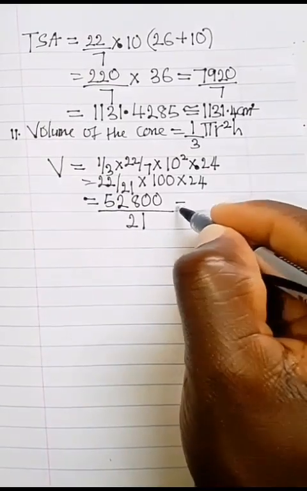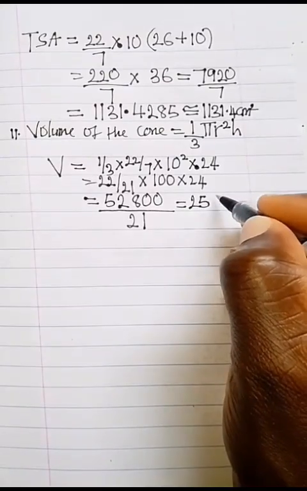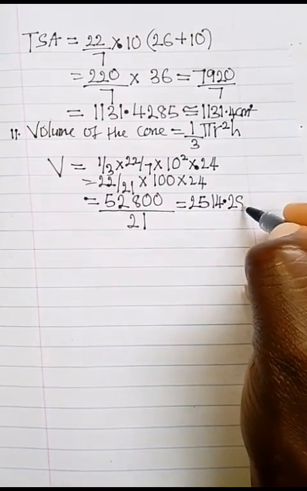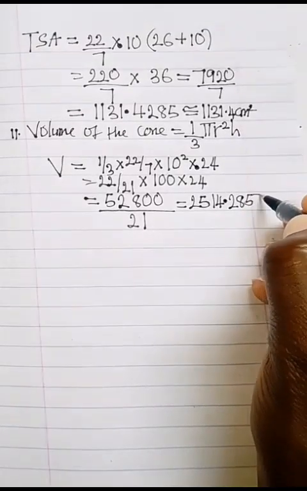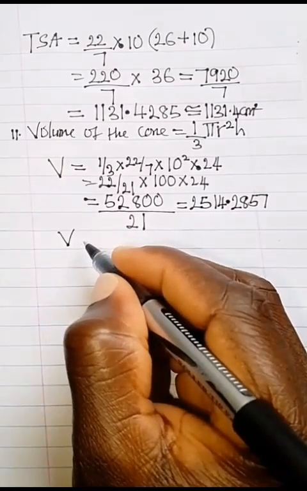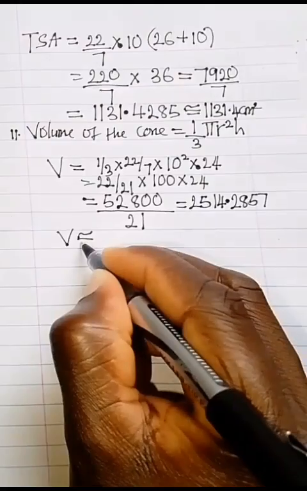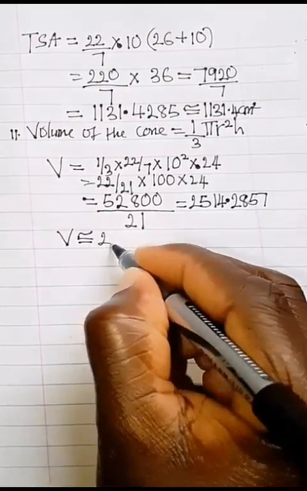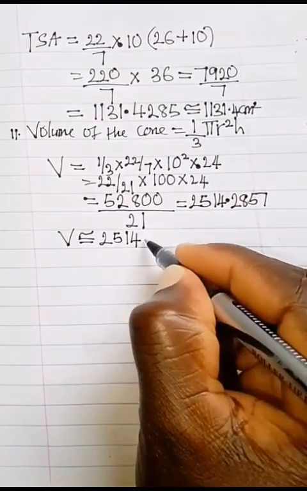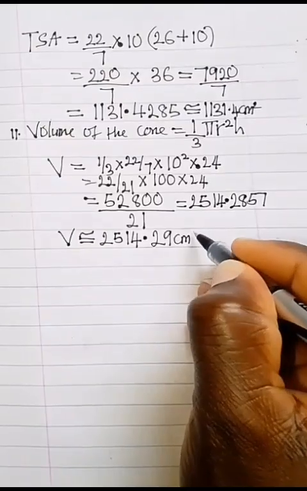By the time you divide, you have 2514.2857. The volume to 2 decimal places is approximately equal to 2514.29 cubic centimeters.